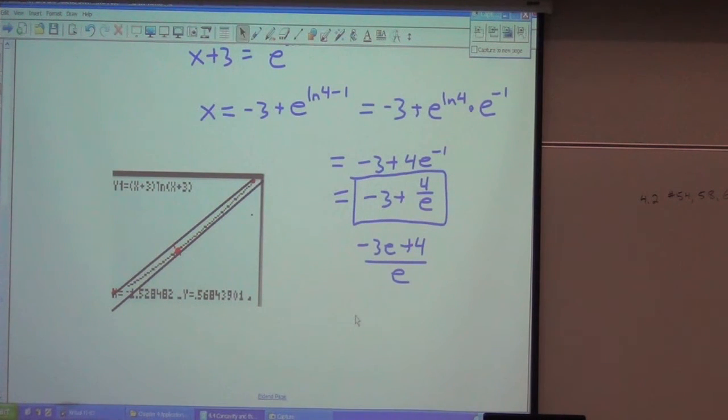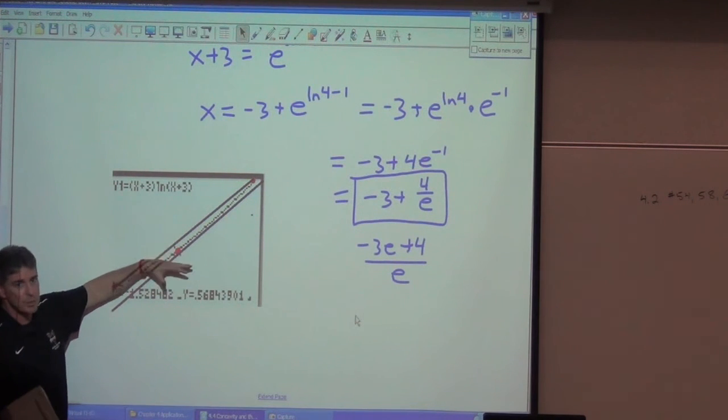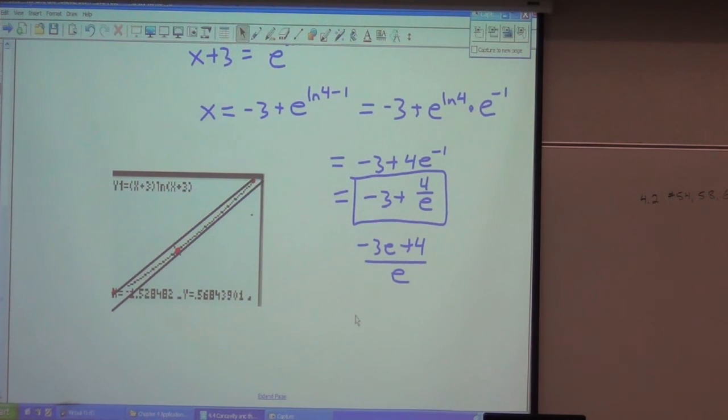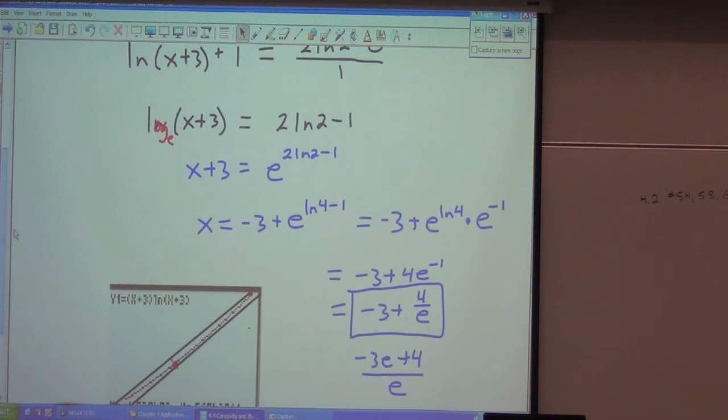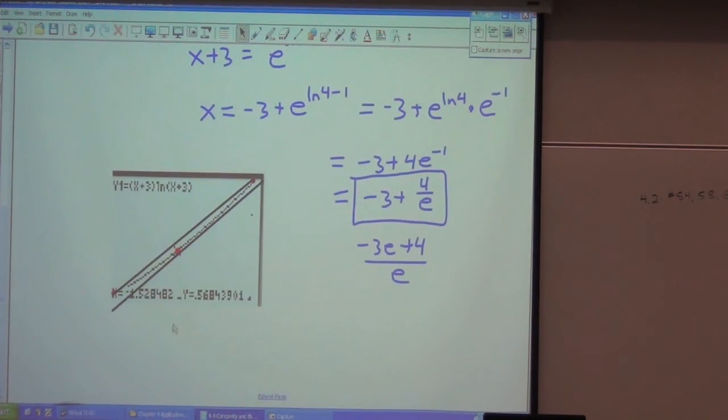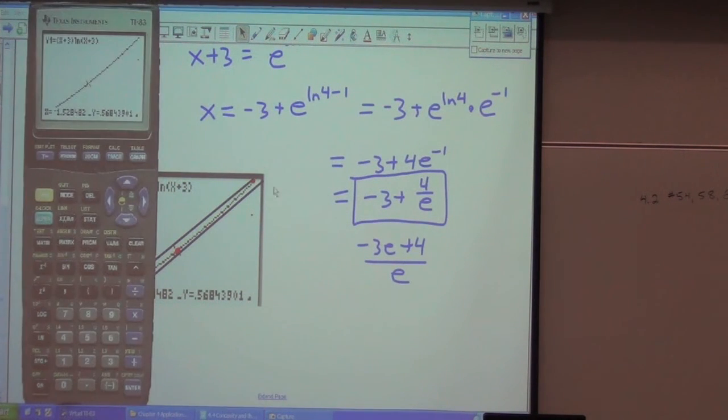All right, but there are other things we can do to check too. Actually, I guess we could have calculated the derivative. We figure out the derivative at -3 plus 4 over e.